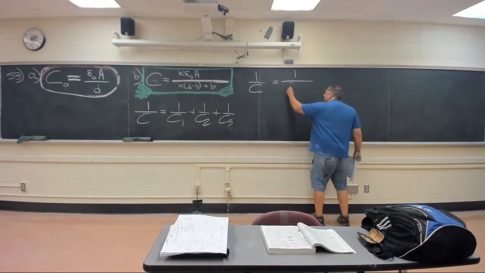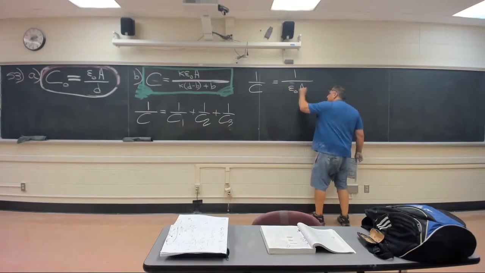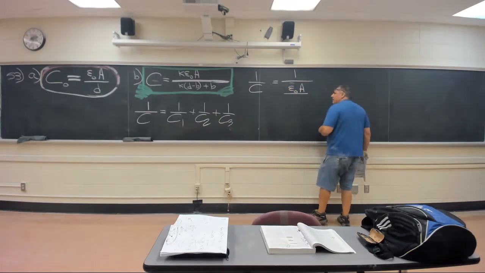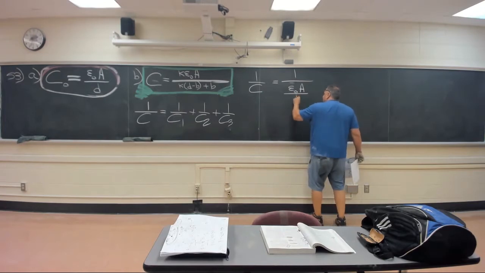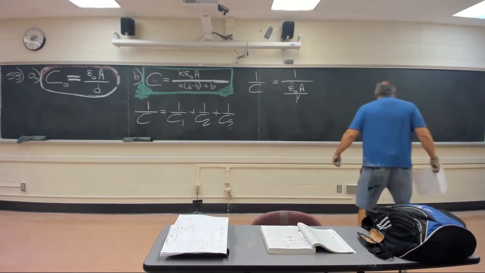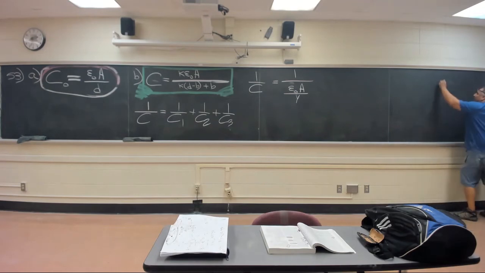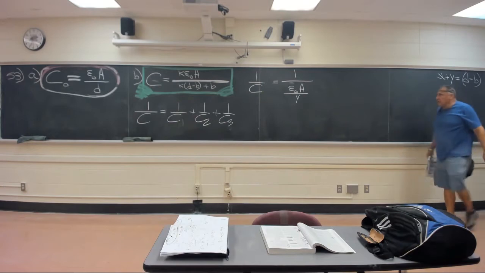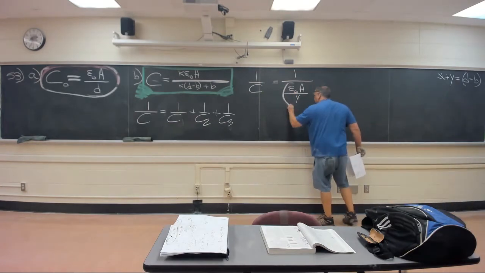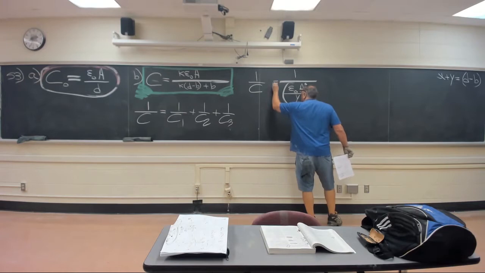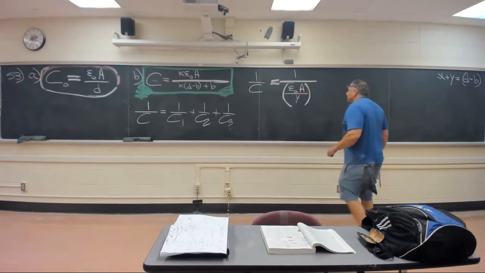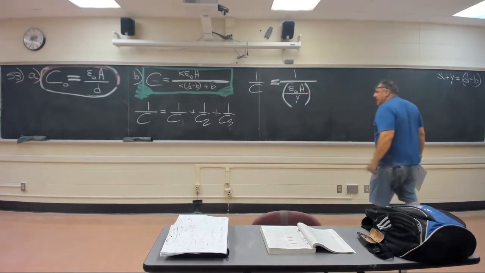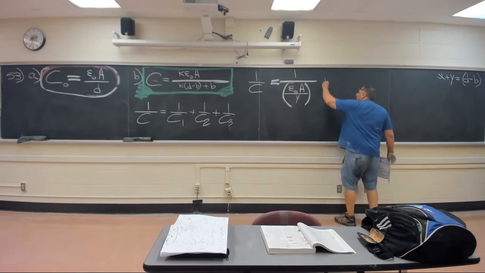So it's epsilon naught A for C1, and it's a separation of Y between them. Remember, we concluded at least this much, that X plus Y was D minus B. We'll start crossing bridges as we need to. So there was that Y separation for that one I wrote earlier.